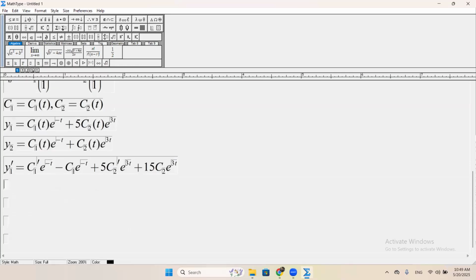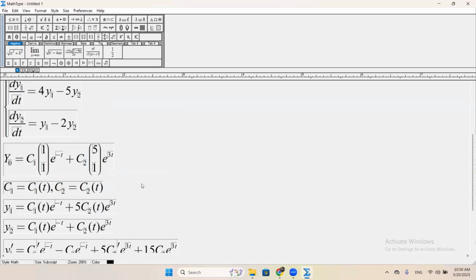Then what about the second derivative? So y2 prime equals C1, oh okay, it will be the same part here, then plus C2 prime e to the power of 3t plus 3C2 e to the power of 3t.